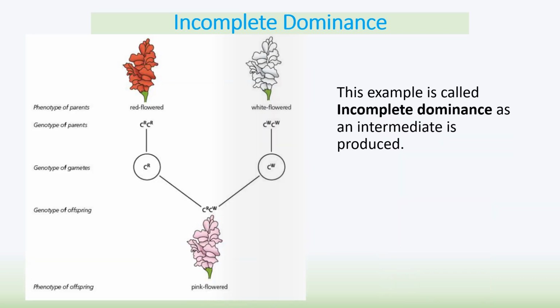There is also something called incomplete dominance that can happen where there is an intermediate product formed. So here you can see we have red flowers, which are capital R, and W for white, and they come together to make CRCW, and that is an example of incomplete dominance as an intermediate product has been formed.